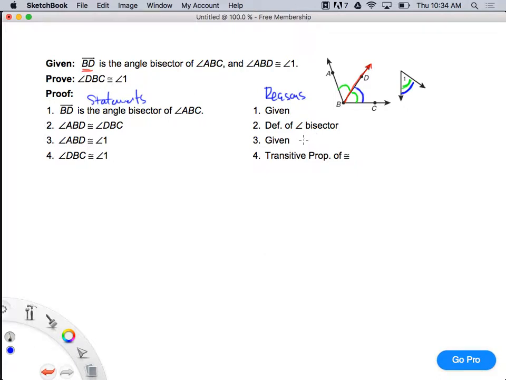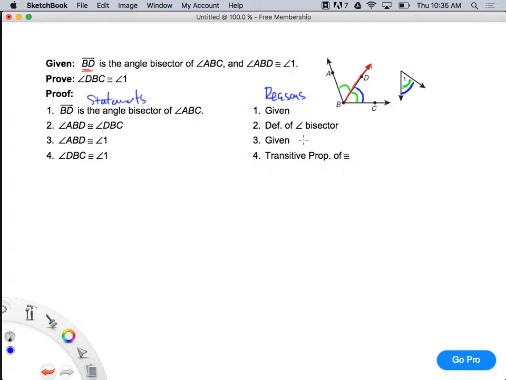All right, let me try explaining this in a different way. How do I know that those two angles are congruent? Because this is the bisector, right? So I know that these two angles are congruent.